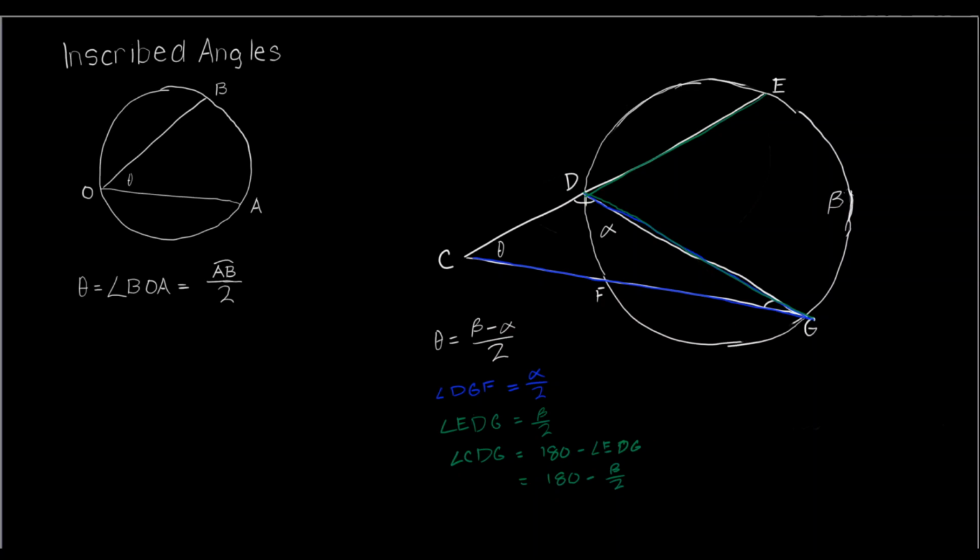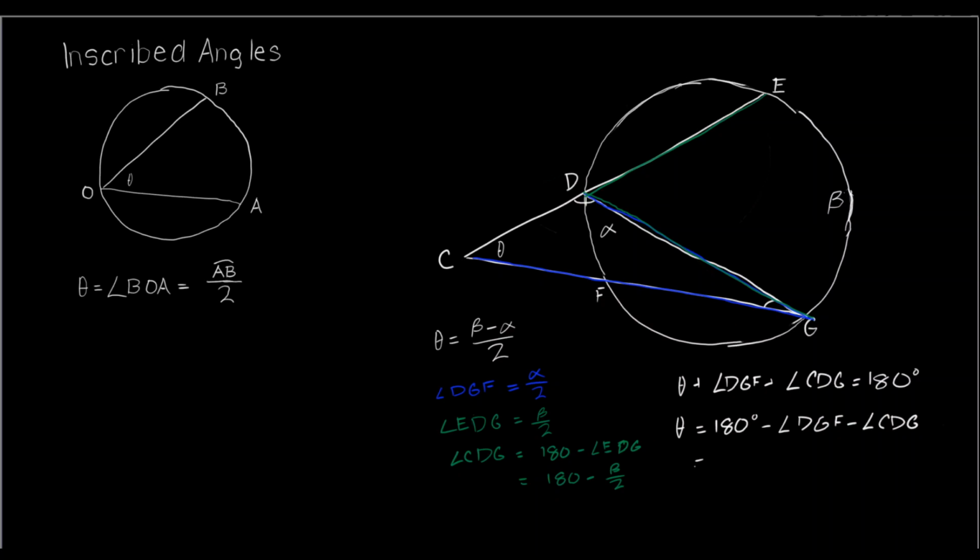So great. Now we know angle DGF and angle CDG. So now we can figure out angle DCG, or theta. We know that theta plus angle DGF plus angle CDG equals 180 degrees, right? So now let's just isolate theta on one side so that theta is equal to 180 degrees minus angle DGF minus angle CDG.